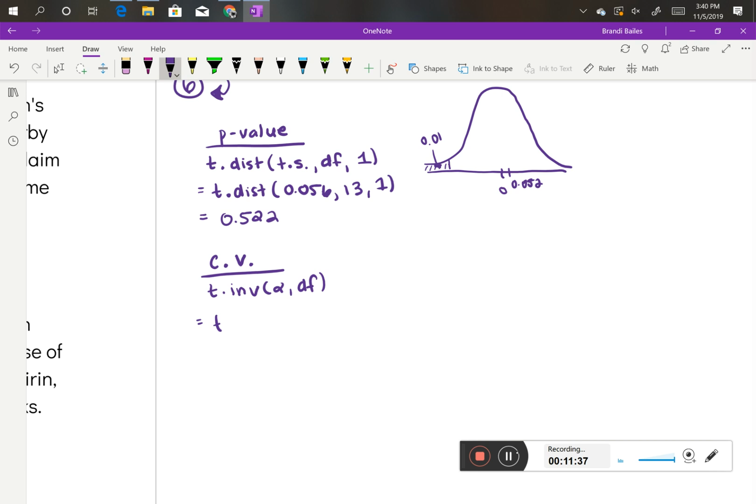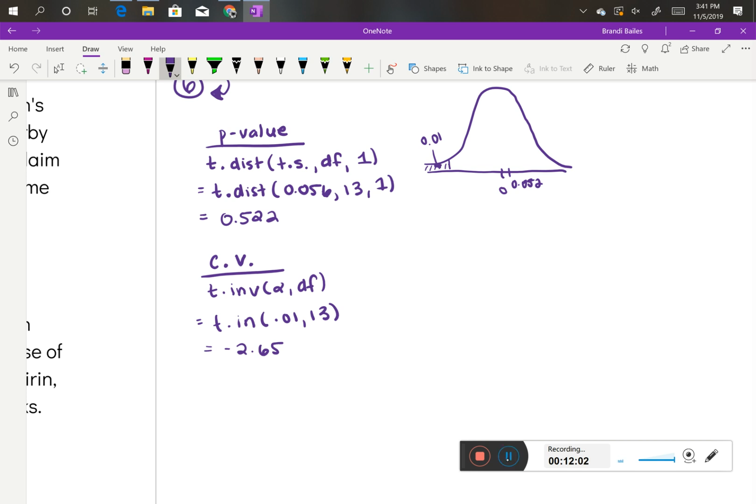So for this problem, it would be t.inv of 0.01 and 13 again. Doing that calculation, I get about negative 2.65. Okay, so it's negative, which makes sense because I'm a left-tailed test, and it's pretty far away from 0, which makes sense because I have a very small area associated with it on the left.